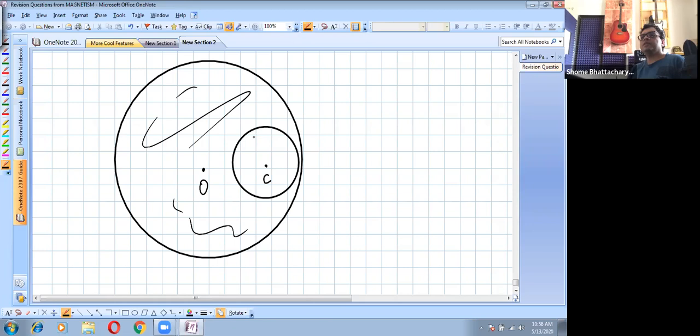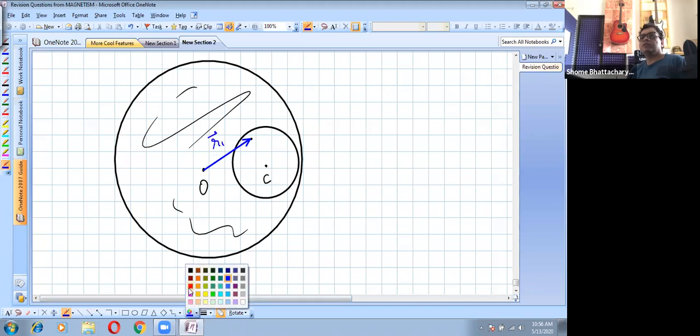Now let us pick a very general point, which is like this. That general point is at a position vector R1, let's say, with respect to the center of the original solid sphere. So this position vector is R1.